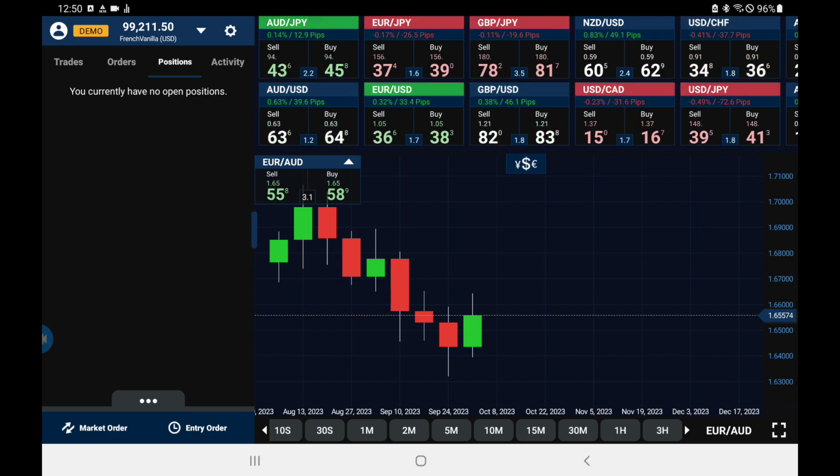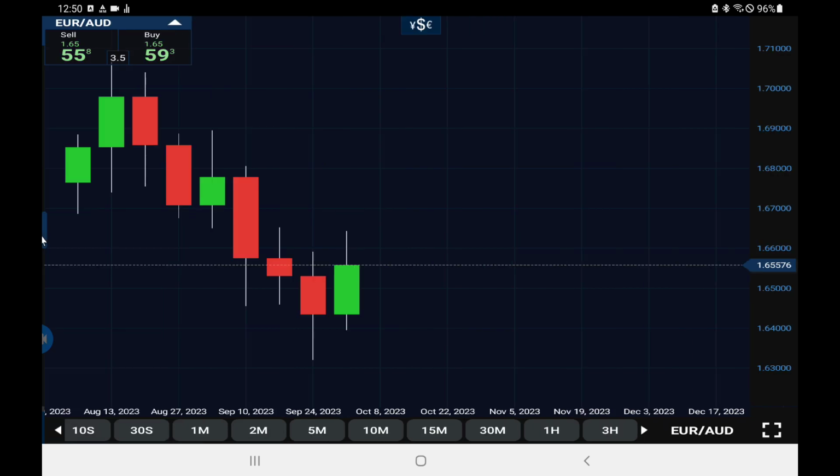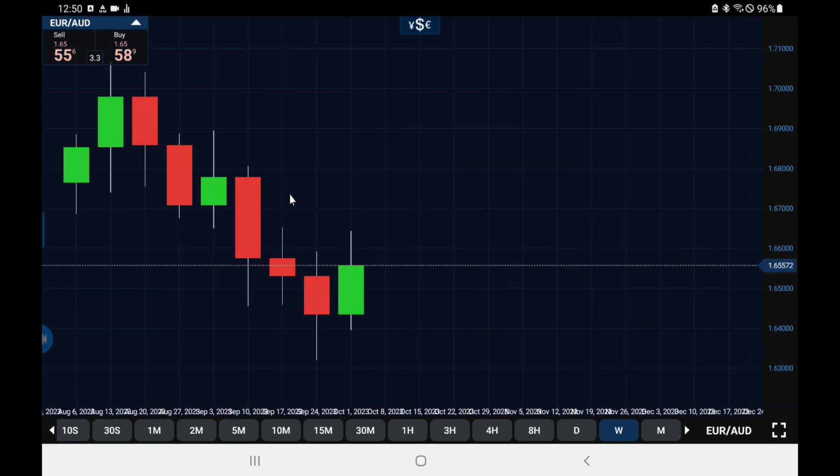Now, in order to clean up the screen, if you click on these little symbols, it collapses it. Over here, you can drag this one, and as you can see, it closes it down. So now we have the chart.